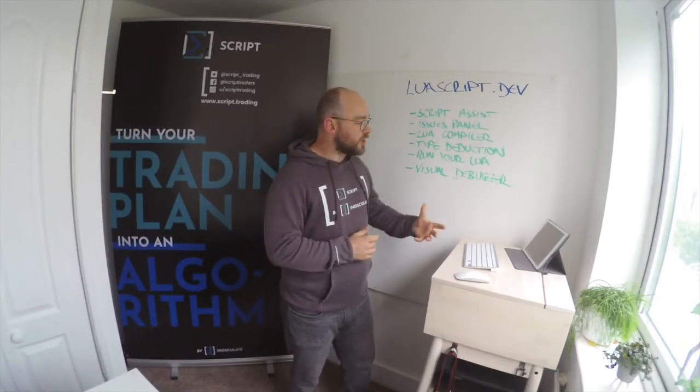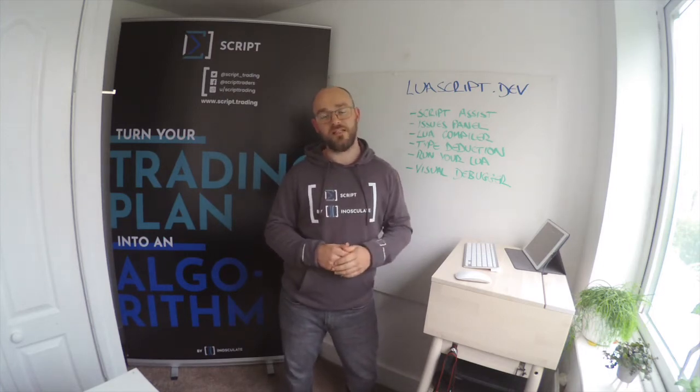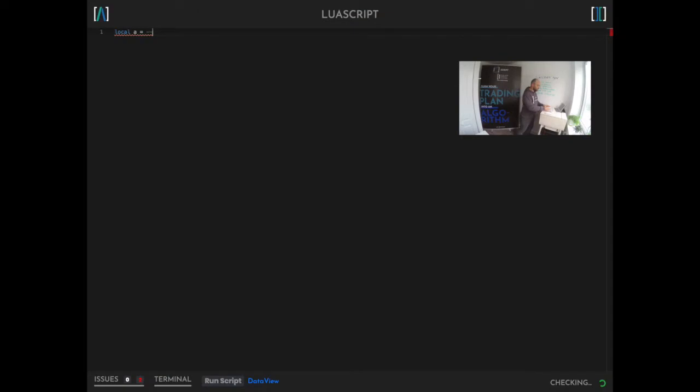Now, alongside Script Assist is our Issues panel. The Issues panel is another friend of ours that sits alongside us, helping us make sure that our script is as legitimate and error-free as possible. So, for instance, if I was to assign a comment delimiter, which is obviously a software error, at that point our Issues panel is going to display that we have two issues.